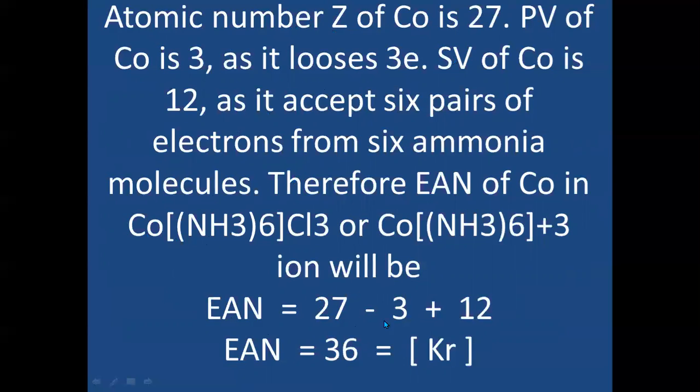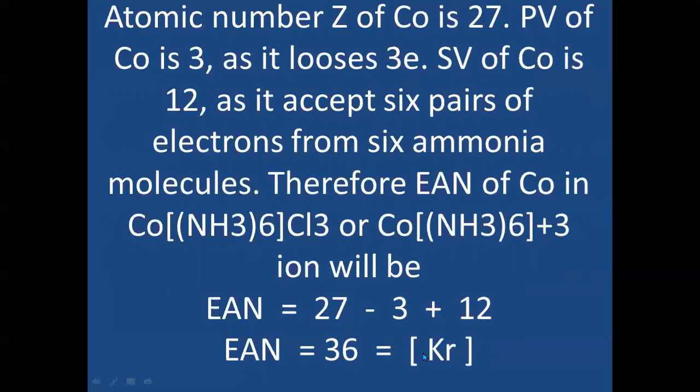Z is 27, 3 is the primary valency, and it is gaining 6 into 2, 12 electrons. Therefore, 27 plus 12, 39, minus 3, 36, or 27 minus 3, 24, plus 12 is equal to 36. And fortunately, this number is equal to the atomic number of krypton.